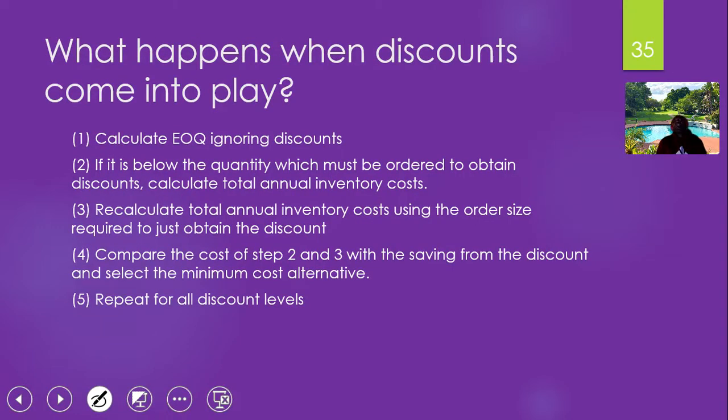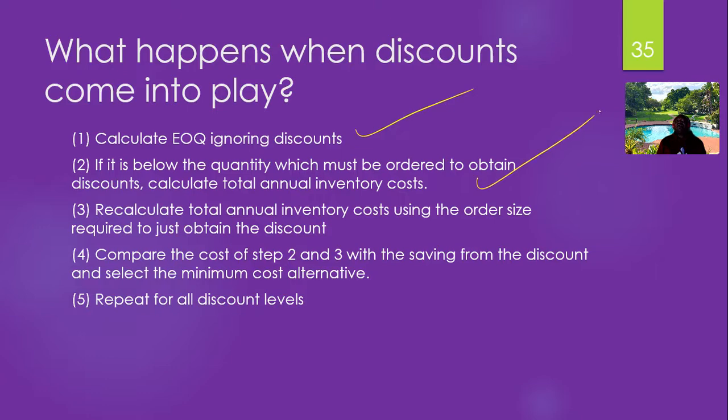Now, what happens when discounts come into play? You need to breathe and relax. You just calculate the EOQ, ignoring the discounts. If it is below the quantity which must be ordered to obtain discounts, calculate the total annual inventory cost as normal. Recalculate the total annual inventory cost using the order size required to obtain the discount.